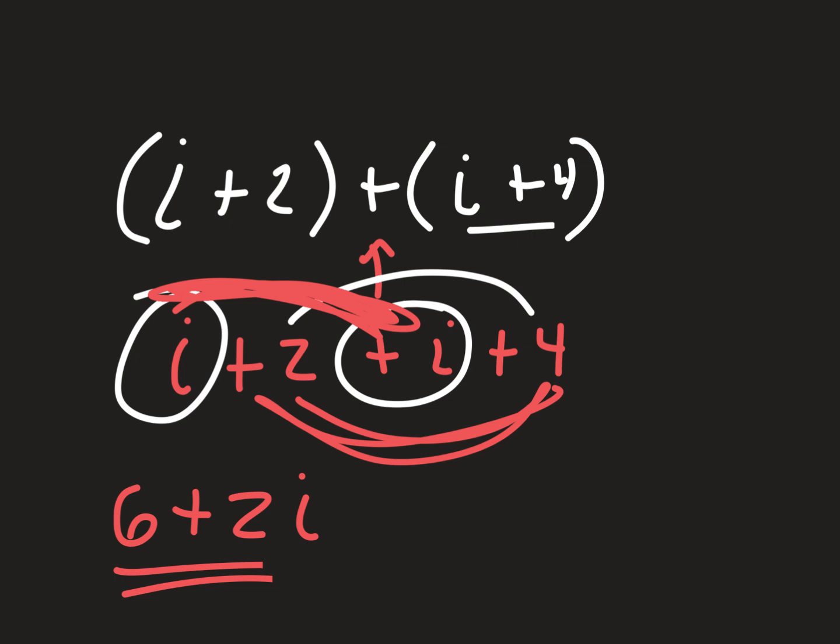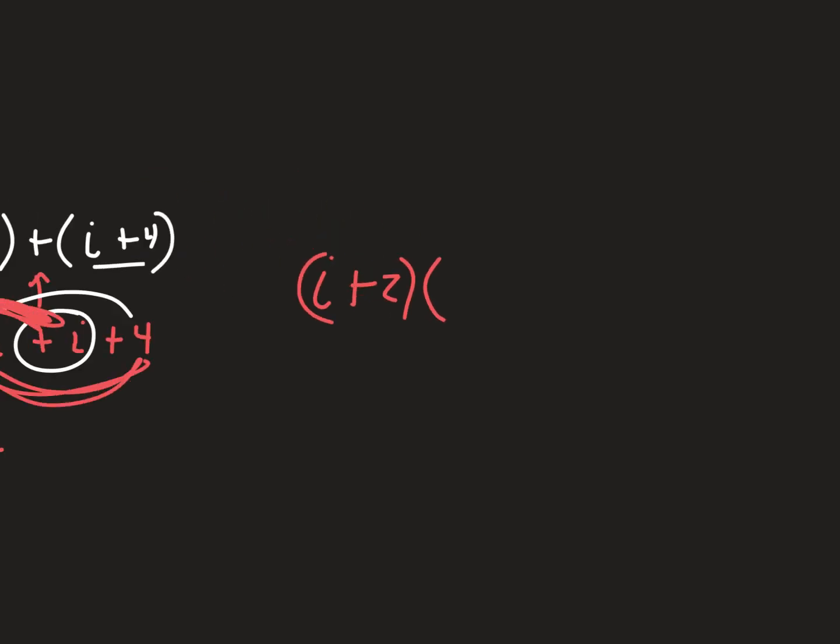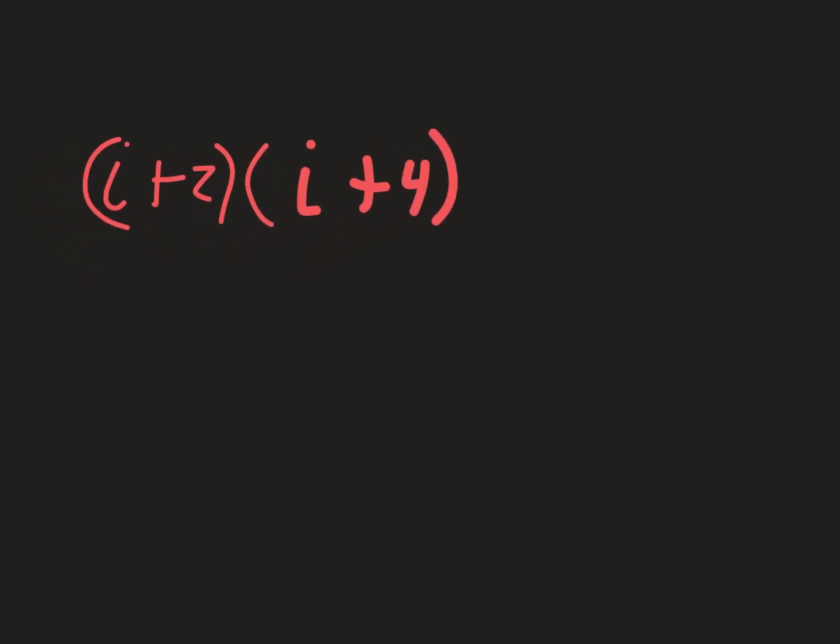Okay, awesome. Now, what if it was actually a multiply? (i plus 2) right next to (i plus 4). What if it was multiply like this? Then it's way harder. First you have to multiply out 4 things, and then you add the like terms.